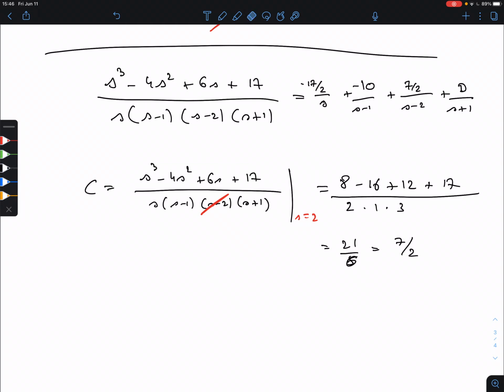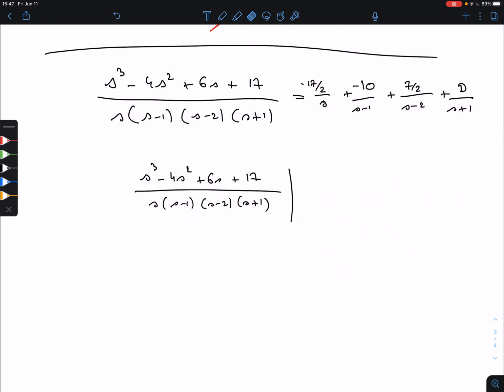Of course, on a test you cannot do this. You have to show each of the calculations separately. So now D. This time I have to factor out this one. What do you have to plug in here? s equals minus 1, because it's exactly the value that makes that factor 0.